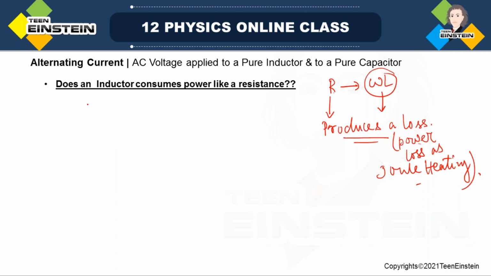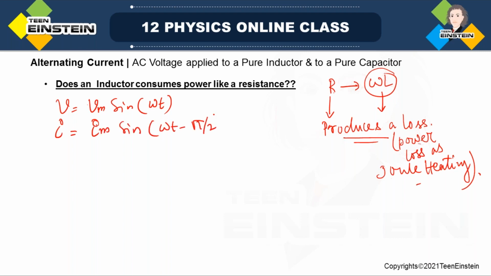Let us write the instantaneous power. We have the instantaneous voltage V equals Vm sine omega t, and the instantaneous current I equals Im sine of omega t minus pi by 2. This we have already got.